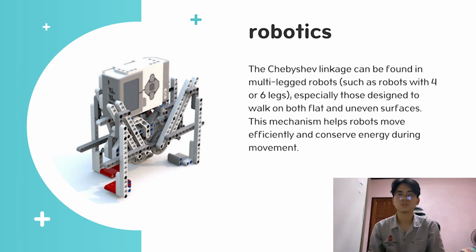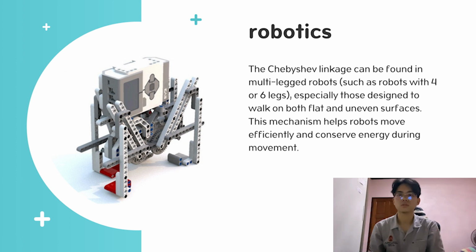A key function of the Chebyshev linkage in a walking robot is reducing jerking and enhancing the smoothness of the leg movement, making the robot's walking motion appear more natural. This mechanism helps regulate the robot's step, allowing it to walk in a way that closely resembles the movement of living creatures.